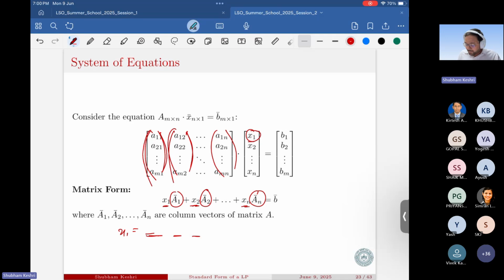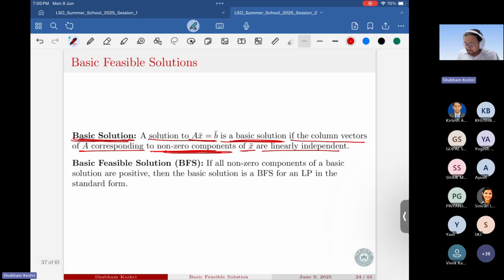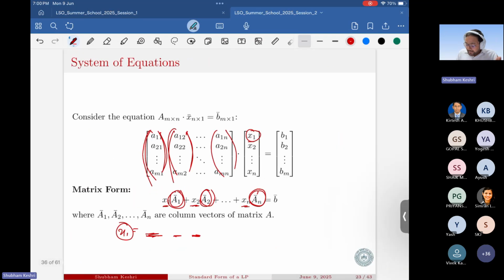Take those column vectors where xi is non-zero. Suppose a1 bar, a2 bar, and a5 bar are those columns of this system of equations which have x1, x2, and x5 as non-zero.